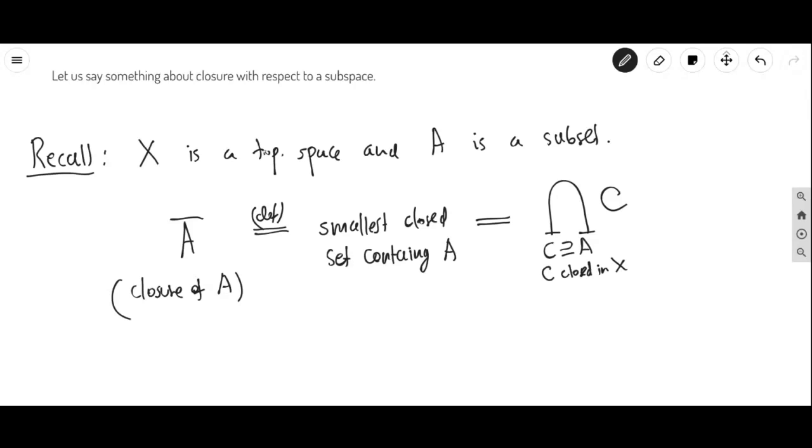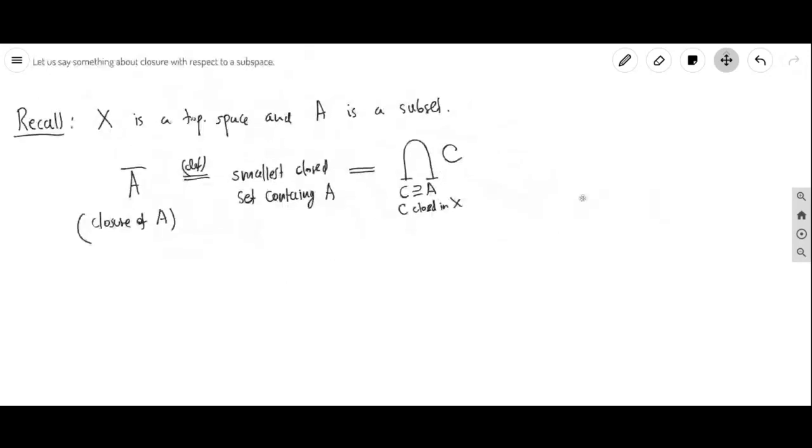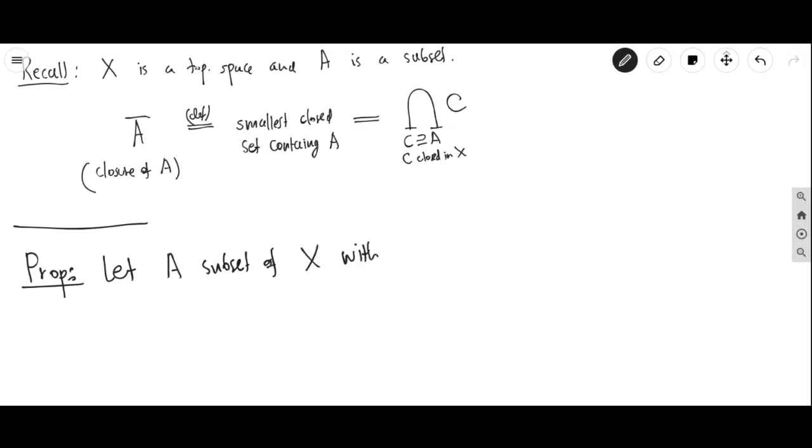And we want to mention this property of closures that goes like this. So let's write a proposition. Let A be a subset of X with the subspace topology. And usually we do not even say that.